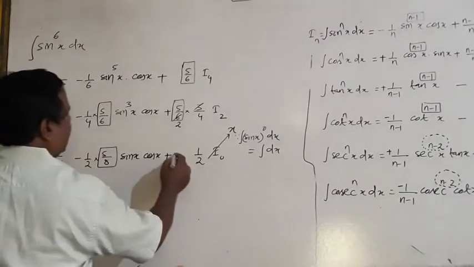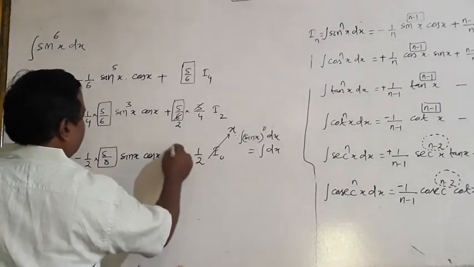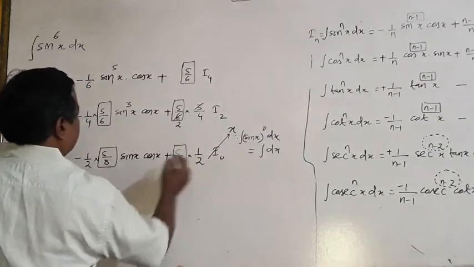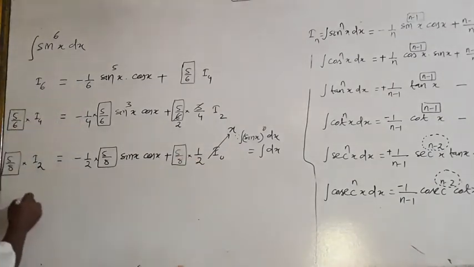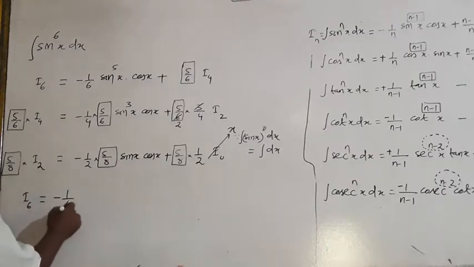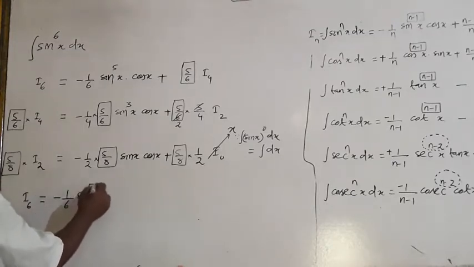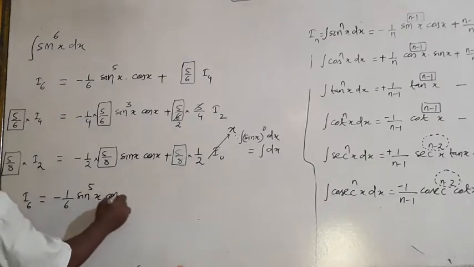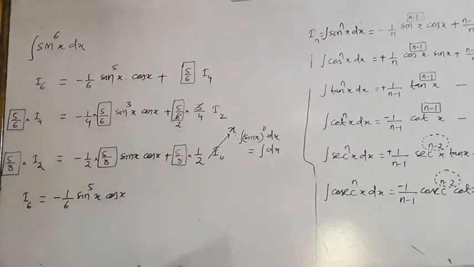And multiplying here 5 by 8, putting in a box. Now look at here. What is my I6? It is minus 1 by 6 sin power 5 x cos x, and it is 5 by 6 I4. And 5 by 6 I4 result is what?